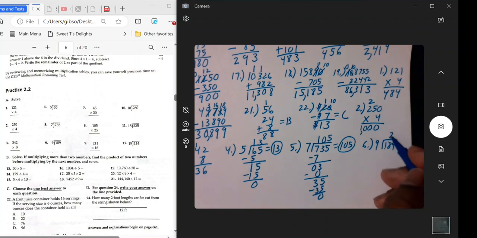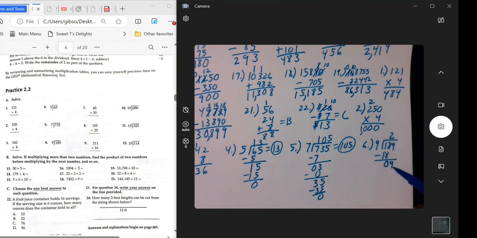So here when you're writing your answer, it's very important that you line your answer up with the place value. So 2 times 9 is 18. 18 minus 18 is 0. We'll bring down our 9. 9 goes into 9 once. 1 times 9 is 9, and we have 0 left. So our final answer here is 21.